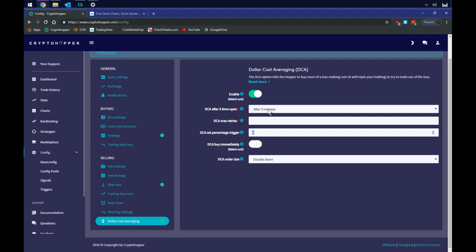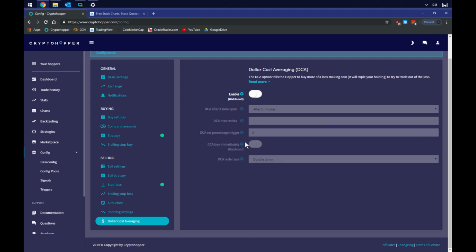Now, this will only work if you have enough funds, because obviously it's going to double up the position you already have, so it requires to have the funds for that. We're not going to use this for our purposes right now.